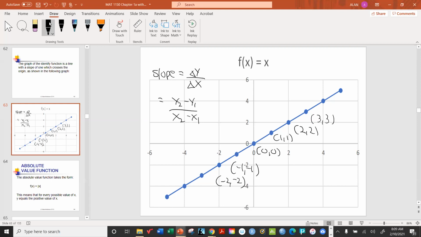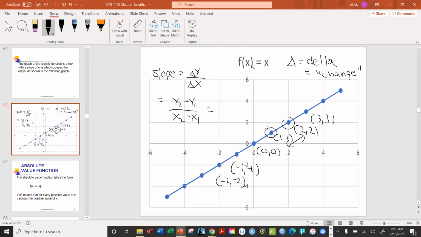So we can pick any two of these points at random. How about these two? Delta is a shorthand. It's a Greek letter. It's used to represent change. So here, for example, it's the difference between these 2 points.